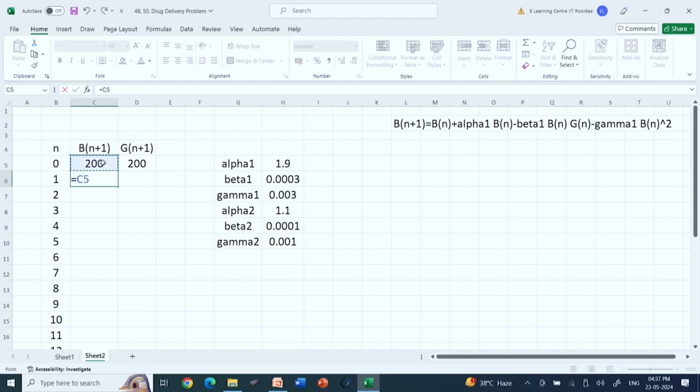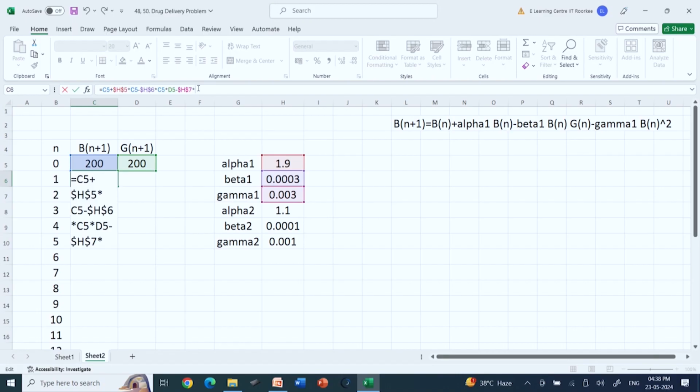So, this is equal to Bn, which is this, plus alpha 1, which is 1.9, and it is a constant, multiplied by Bn, so again 200, minus beta 1, again a constant, multiplied by Bn multiplied by Gn, minus gamma 1, which is again a constant.